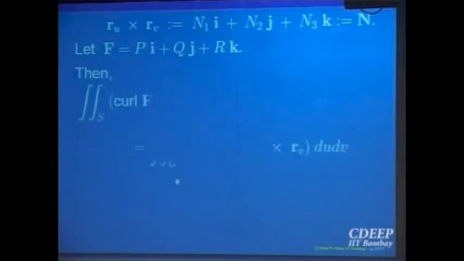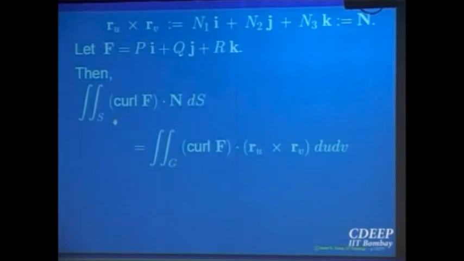For this the normal is Ru cross Rv, right? Let us write the components, we don't know them because it's an abstract thing, as N1 i plus N2 j plus N3 k, and let us write that as capital N, the normal. So what we want to compute, let us write F with components P i plus Q j plus R k, then curl F dot N. So we will compute curl F, and take the dot product.